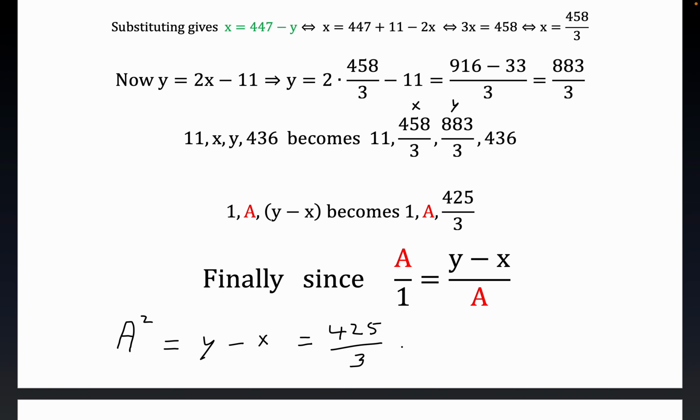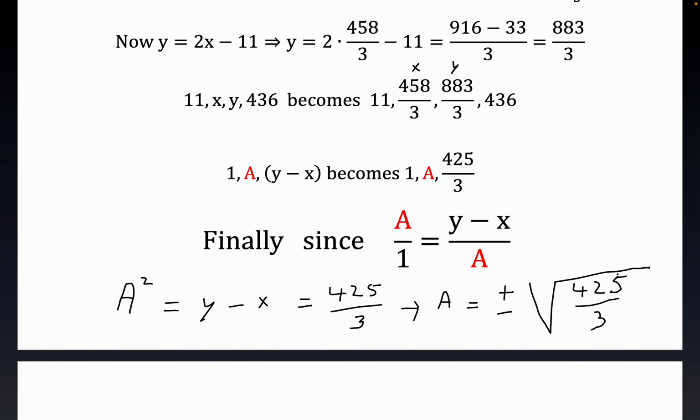And this certainly implies that a is equal to plus or minus the square root of 425 over 3. And that's a suitable answer for a competition problem. They don't care. Middle school and high school, sometimes they expect you to rationalize the denominator, but it's fine to leave the answer this way. This is the answer, independent of whether or not you do that annoying rationalize the denominator thing.